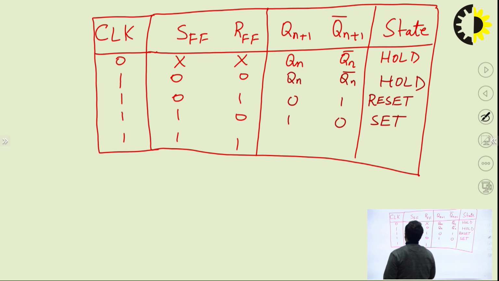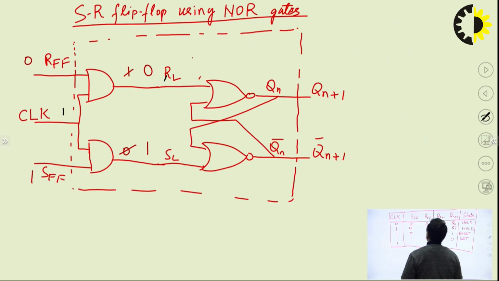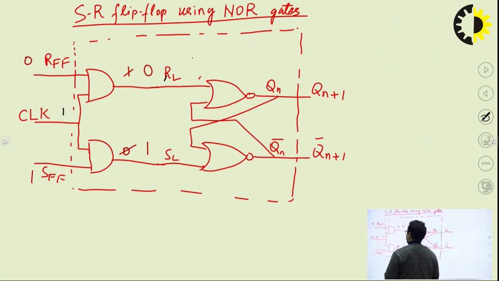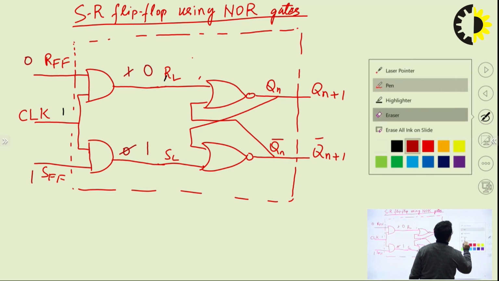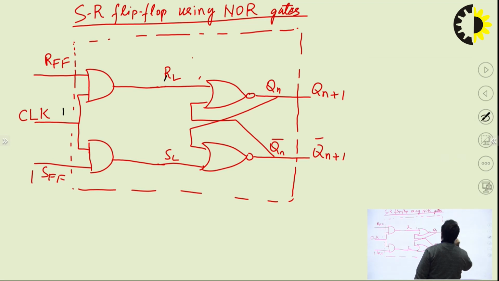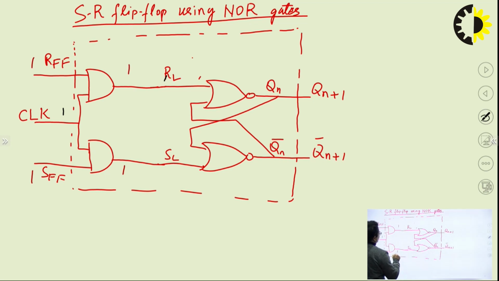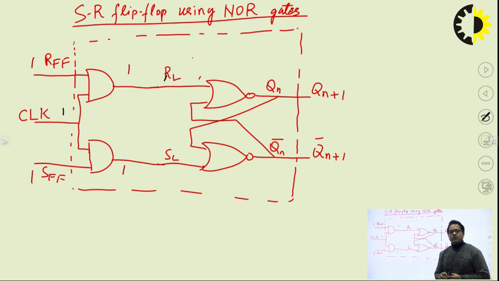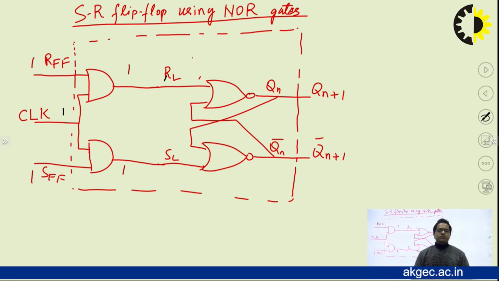Now the last combination, whenever we are providing both the inputs as 1 1. So in the case of the SR latch using NOR gate, we are providing both the inputs as 1 1. Let us see how it will respond. So R is also 1, S is also 1, and both the inputs of the SR latch got 1 and 1 as an input.